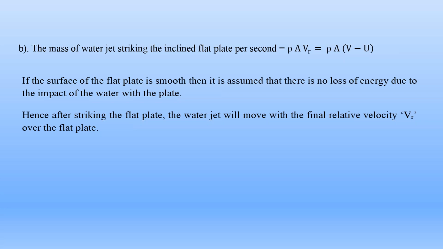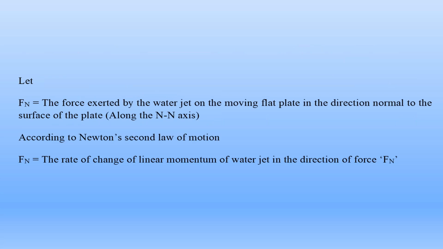After the impact, the water jet moves on the surface of the plate with the same relative velocity V minus U, that is called the final relative velocity VFR. VFR is also equal to V minus U, but it is moving on the surface of the plate in the inclined direction. Then we are going to find out the normal force acting on the inclined flat plate. When the water jet strikes the inclined flat plate, it applies the normal force on the inclined flat plate.